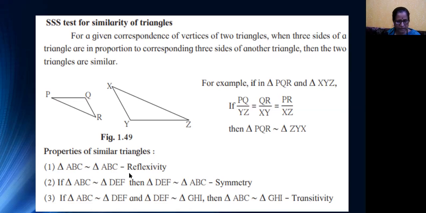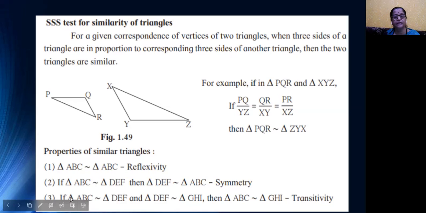This property is called reflexivity. The next property is that if triangle ABC is similar to triangle DEF, then triangle DEF is similar to triangle ABC. This property is called symmetry.